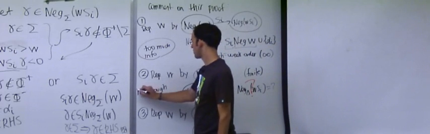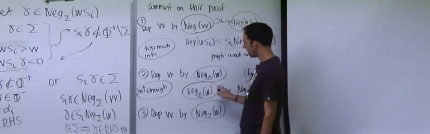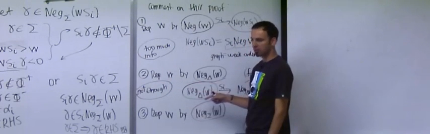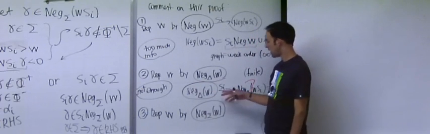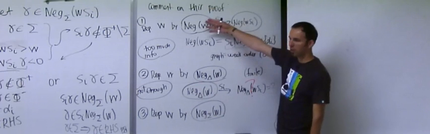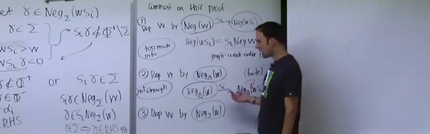Here you're not storing enough information about W, so that means that you don't know how to walk around this graph, because you're standing here and you don't know where to go. And here you're doing something in between. You're not recording all the roots, but you're recording more than just the simple roots. You're recording the small roots, and this turns out to be just right. This is exactly what you need.